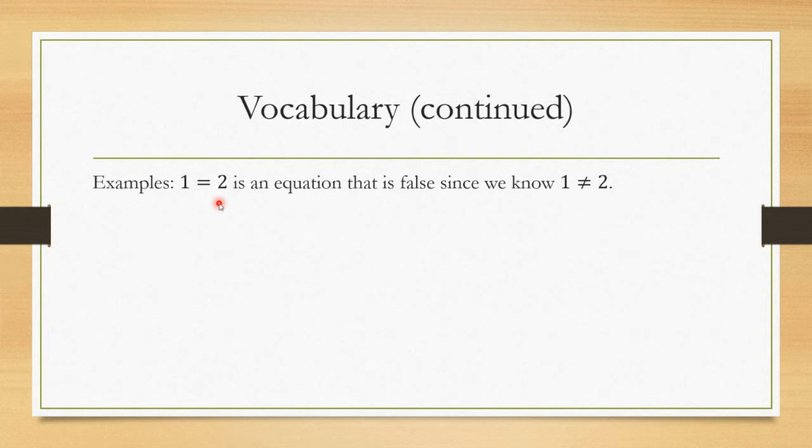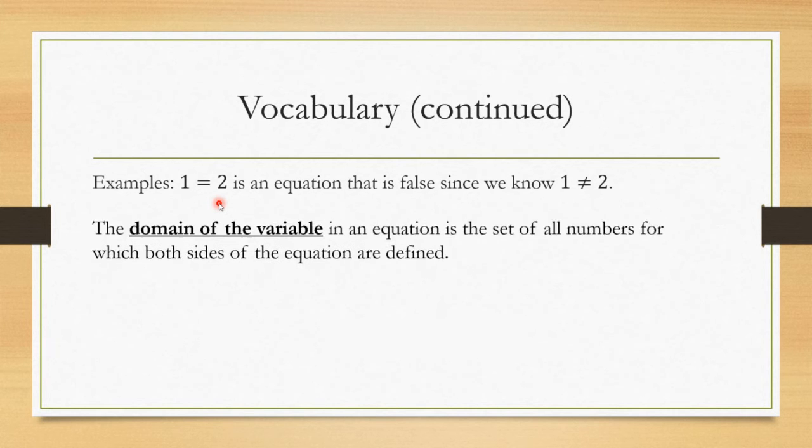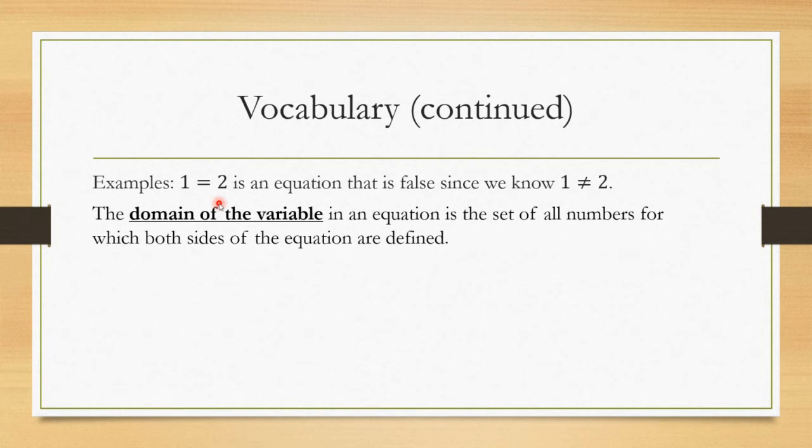Now, there's also this concept of the domain, namely the domain of the variable. That's just a collection of all numbers for which both sides of the equation are defined. I know I have the word set here. The book does a lot of set theory, but I don't really want to do set theory in this course. Not to say you can't handle it.